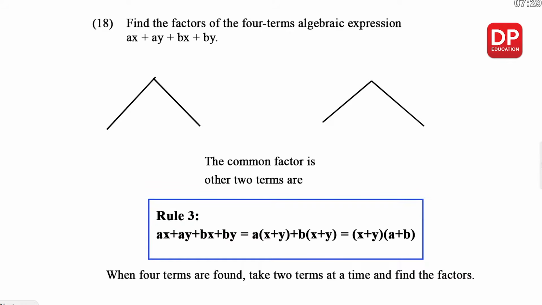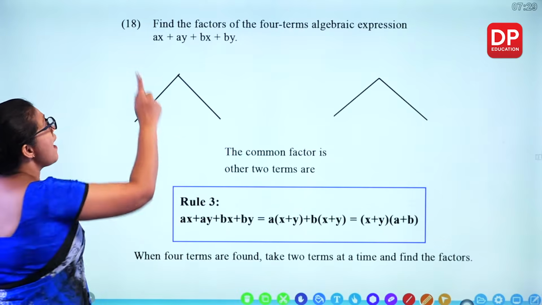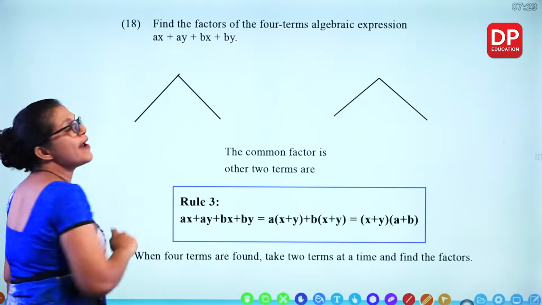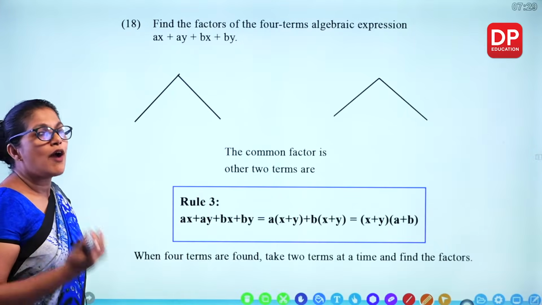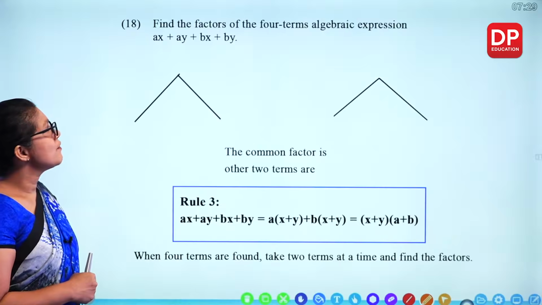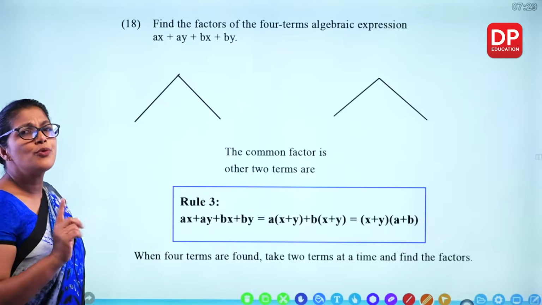Now we'll look at this one. Now what happens? Earlier you got two expressions. Now you have 4 expressions. So how do we find the common factor when you get 4 terms? So we'll take 2 at a time.